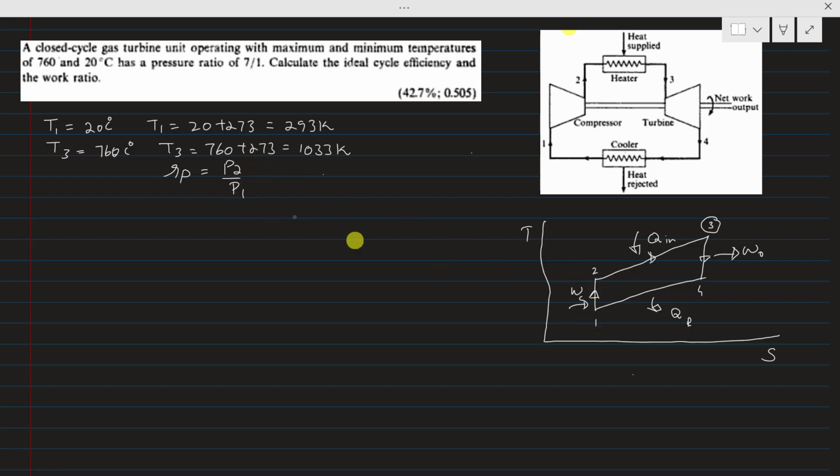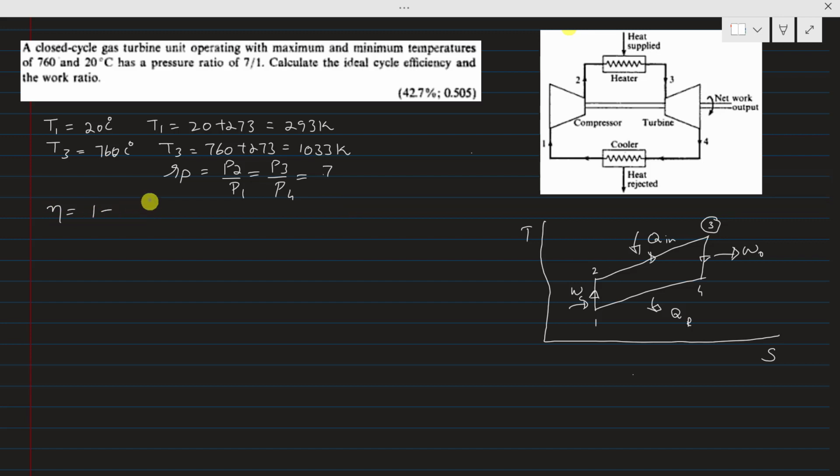So P2 by P1, and then P3 by P4. The pressure at P2 and P3 is the same, and P1 and P4 is the same. So P3 by P4 is given as 7.